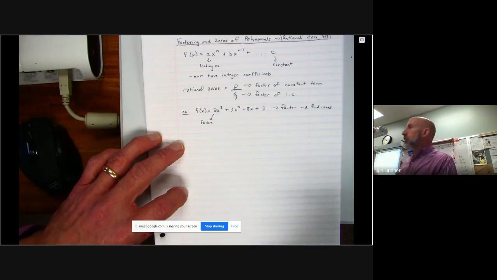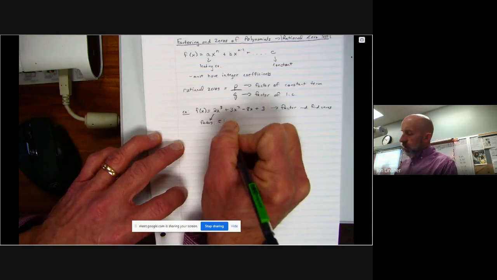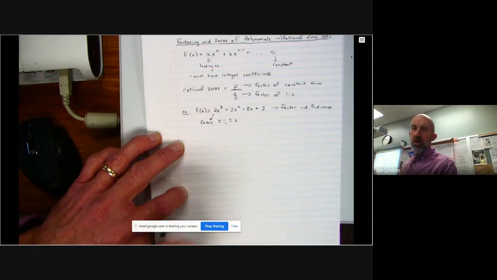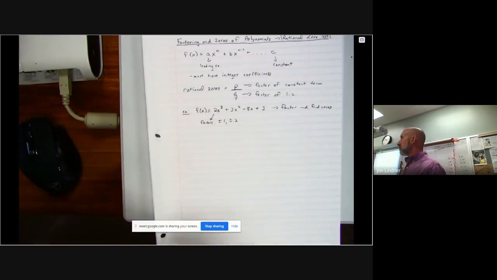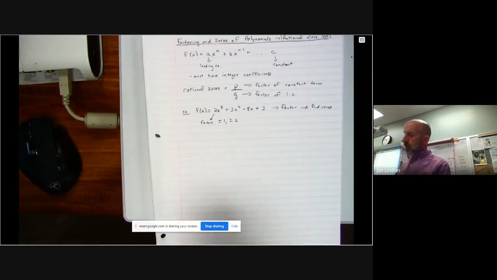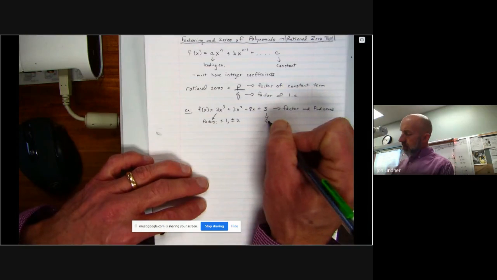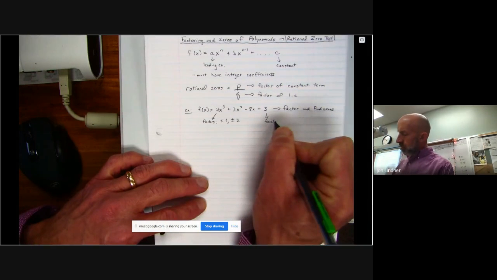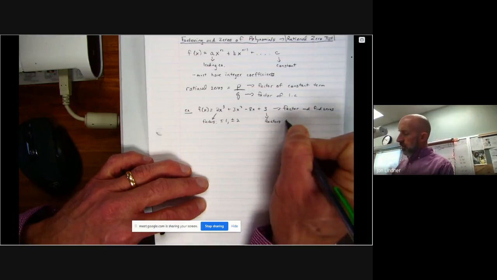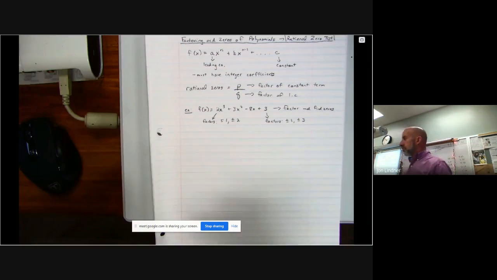Well, it's the number 2. It's pretty easy. My factors are positive or negative 1 and positive or negative 2. Those are the only possibilities, because 1 times 2 is 2. All right. My only factors of 3 are positive and negative 1 and positive and negative 3.